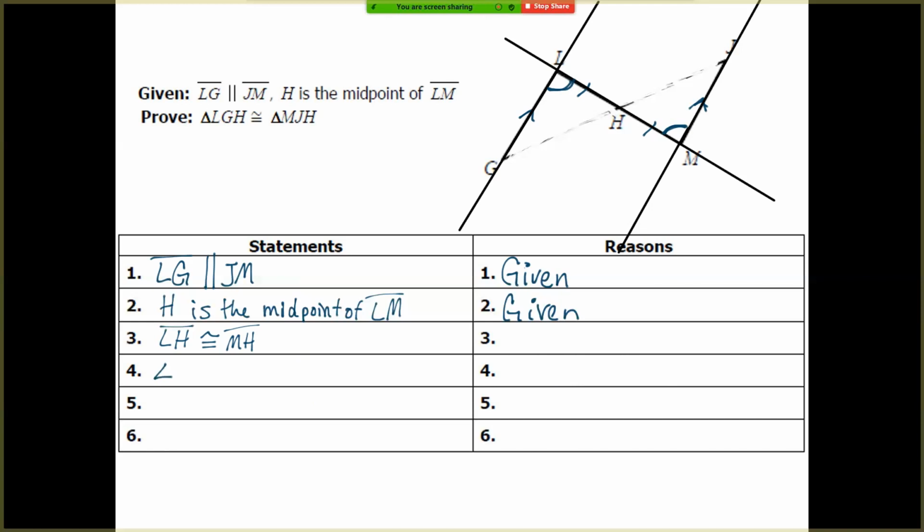So angle GLH is congruent to angle JMH, and my justification would be that they are alternate interior angles. I forgot to write on line 3, we prove those congruent by the definition of a midpoint.